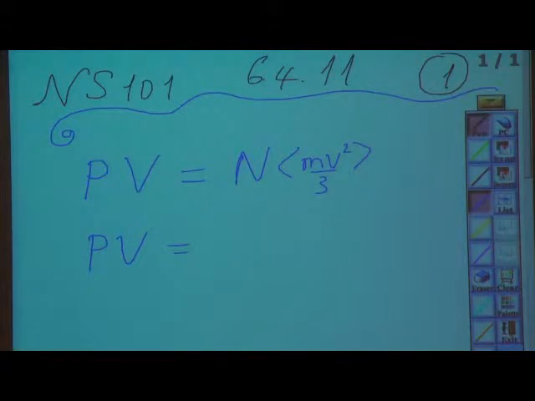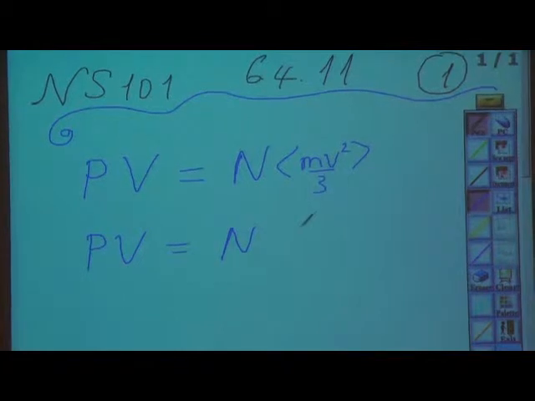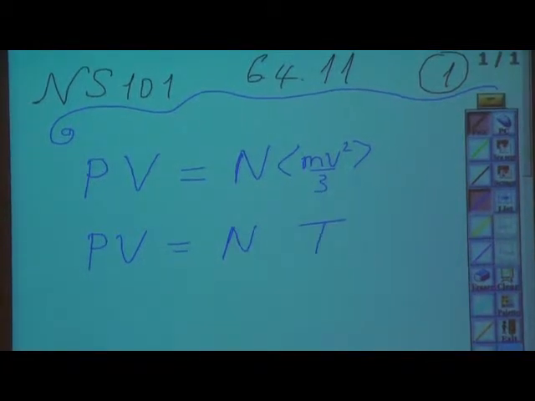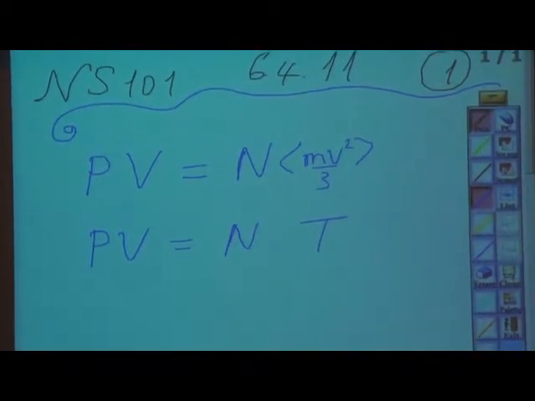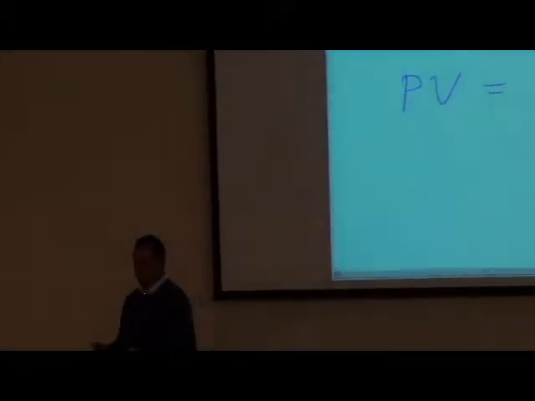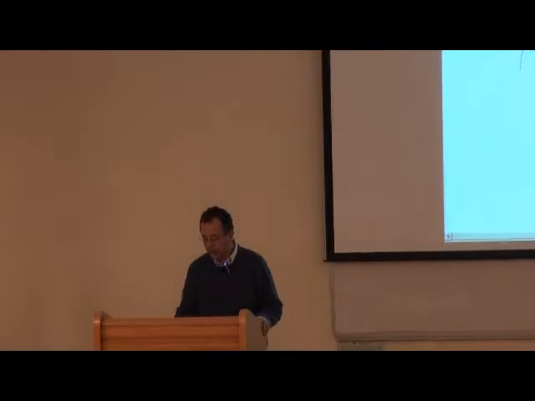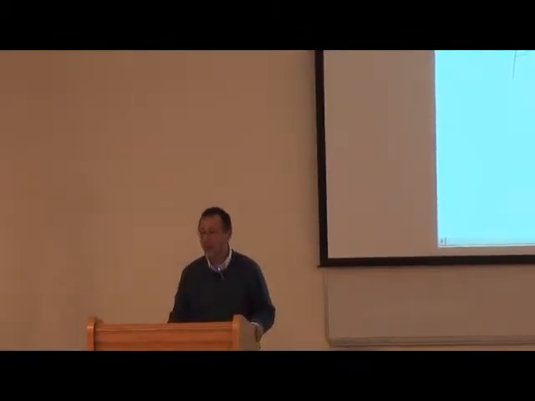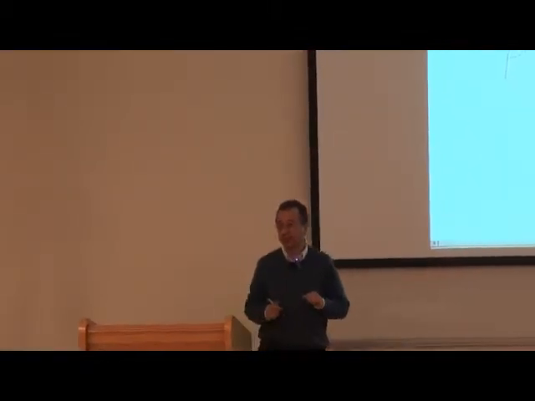And we noticed that from experiments, from empirical measurements, it was known that PV also equaled N times k times the temperature. There was some proportionality constant that depended on how you define the degree in temperature.